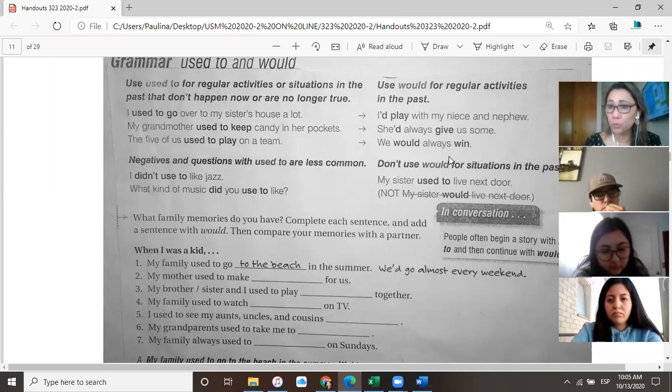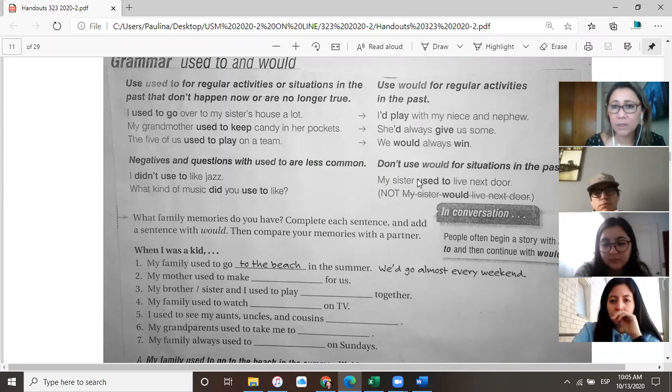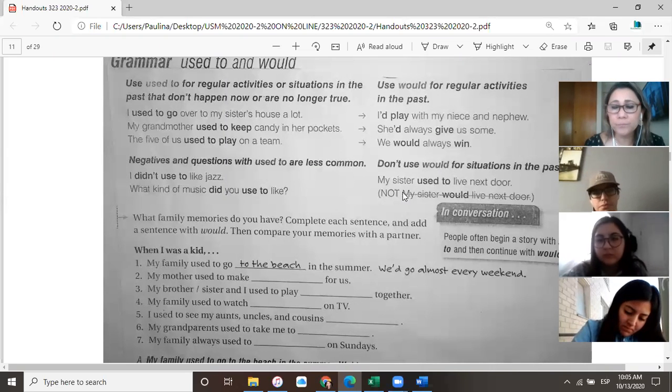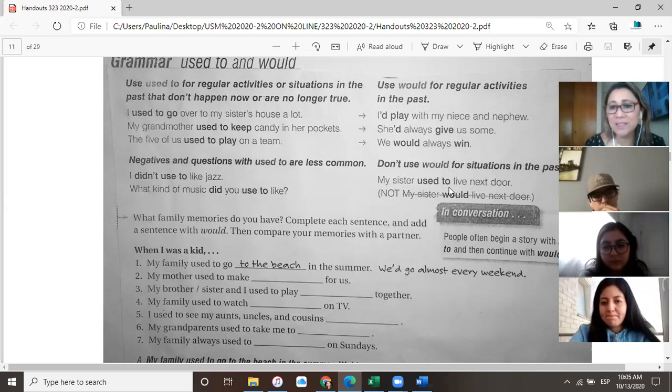We would always win. Don't use would for situations in the past. For example, my sister used to live next door. No would, because this is a situation, it's a stative verb. The same happens with the verb have. You never say I would have, because it's a stative verb.